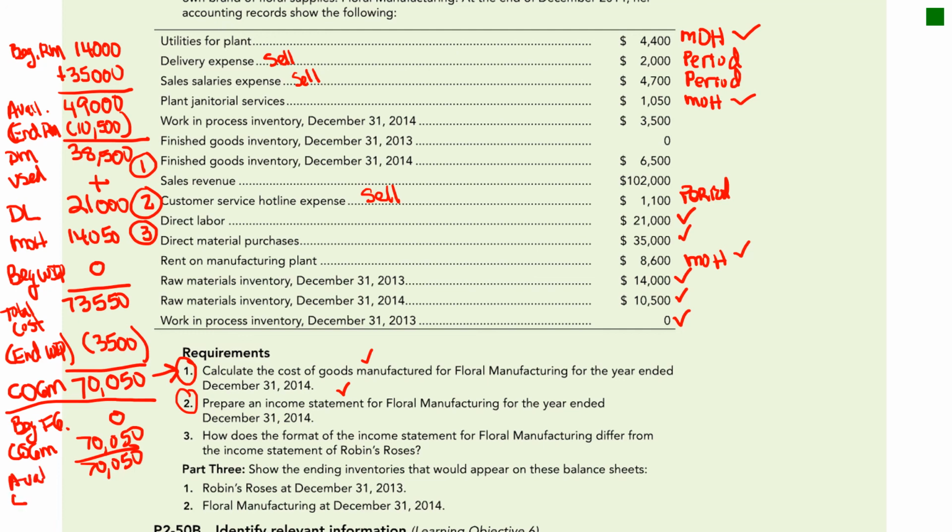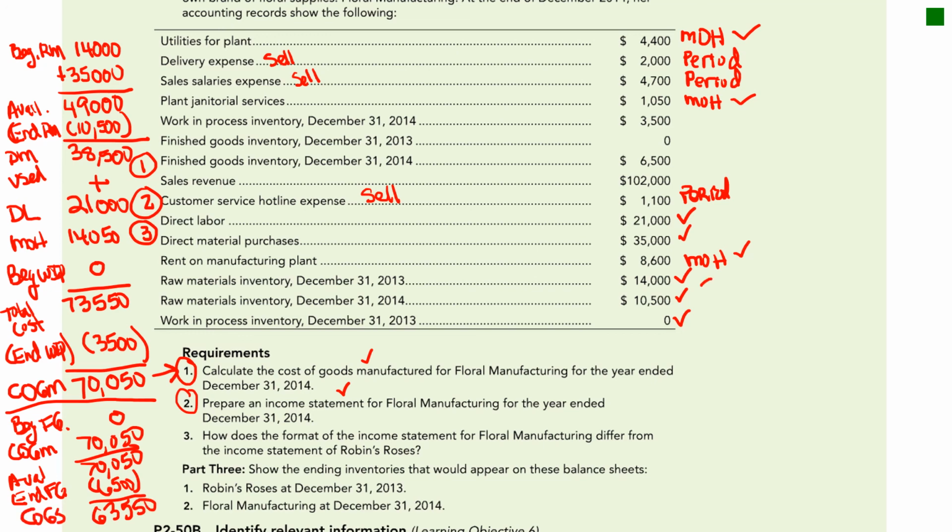And then we're going to subtract out the ending finished goods. And the ending finished goods, it looks like, is going to be $6,500. That's how much you had basically was left in inventory at the end of the year. So $63,550, here's that bottom number, $63,550 is your cost of goods sold.